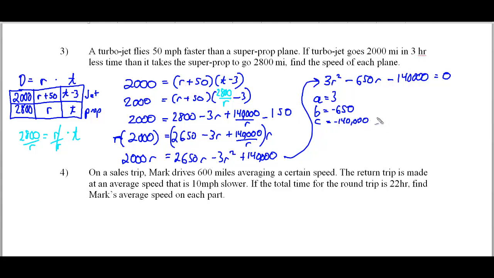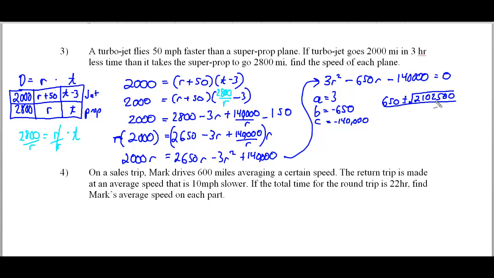Now this gives me a perfect setup for the quadratic formula. So I've got 650 plus or minus the square root, and when I do this square root, whoa mama, this discriminant turns out to be 2,102,500.